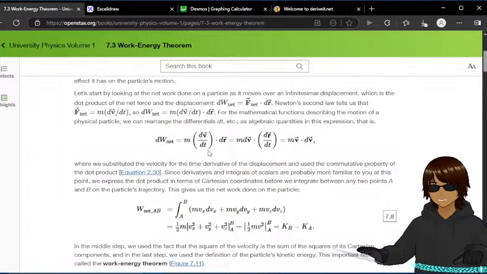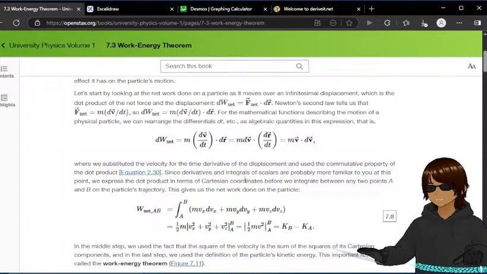Wait, can you do that? Can you just pass the dt over there? Where we substituted the velocity for the time derivative of the displacement and used the commutative property of the dot product.